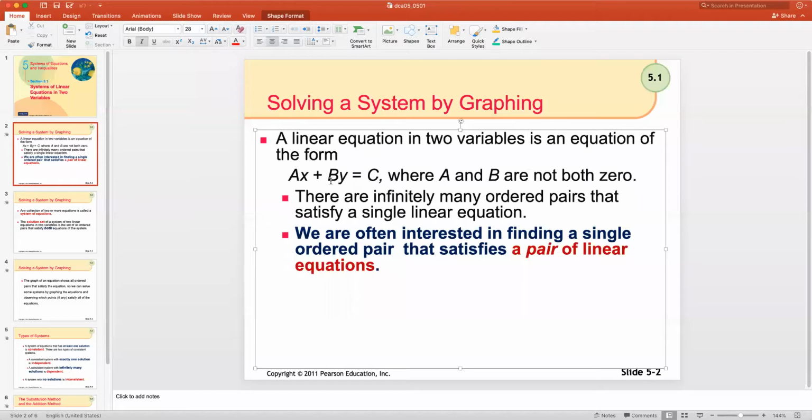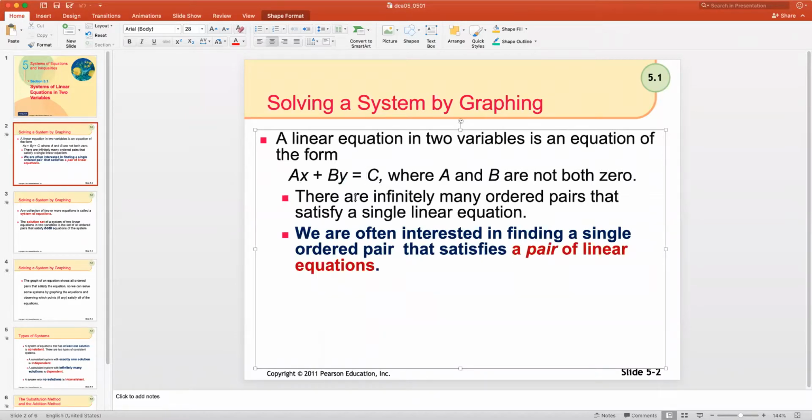For any choice of x, we can figure out the y that makes this equation true. So there are infinitely many solutions, and visualizing them, we get the straight line. So the graph of the linear equation, which is a straight line, represents the graph of the solution set.